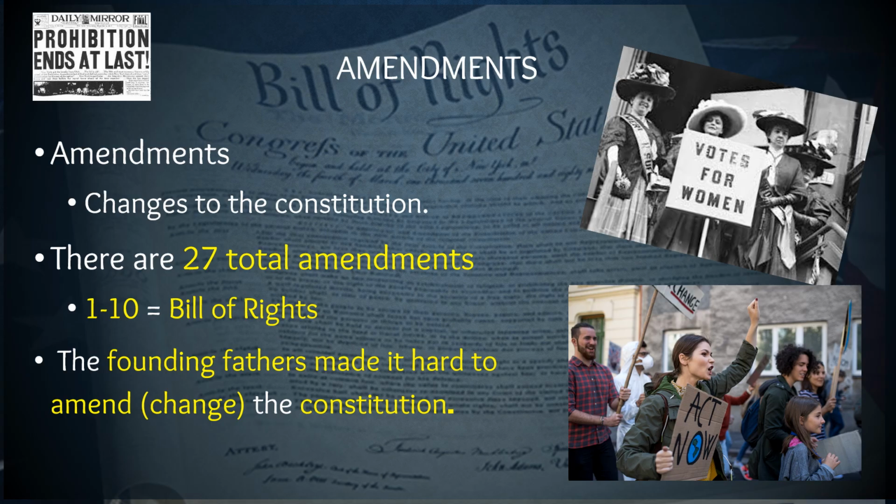Once again, 27 total amendments, guys, since 1787 or 1789. So the founding fathers made it hard to amend or change the Constitution, and you'll see the process in the coming slides of how amendments can be added to the Constitution.